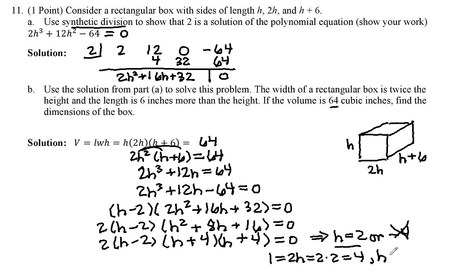And our length is h plus 6, which is 2 plus 6, which is 8. So we have got our height, and 4 is the width, and 8 is the length. So we got all 3 dimensions there. And that's what we wanted, was the dimensions of the box.